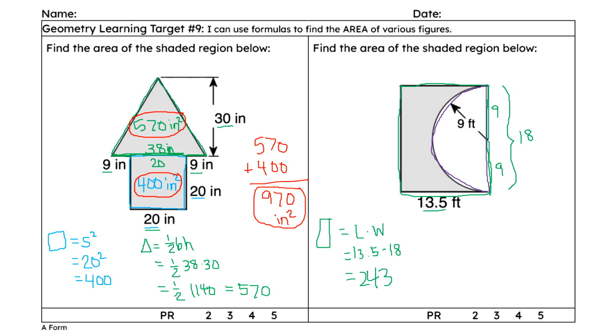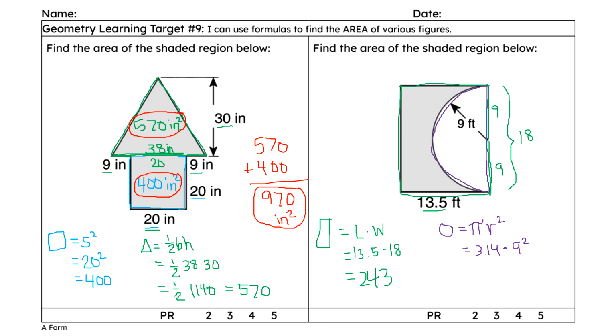So the formula for a circle is pi, which is approximated at 3.14, times your radius squared. And we're going to want to take half of that because it's only half of a circle that has been cut out of this. So pi is 3.14, we're going to just approximate it that way. And we're going to multiply that by your radius, which is 9 squared.